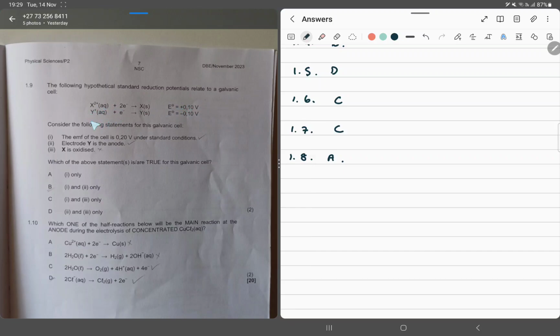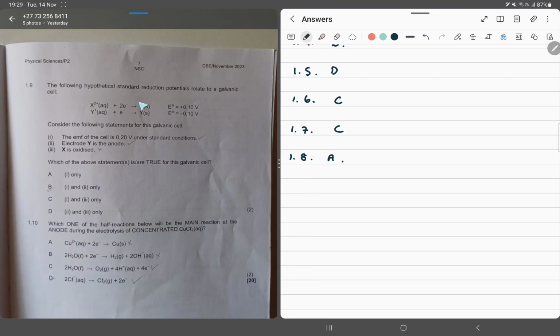And then we've got some ion Y plus taking one electron, giving us that Y atom, and essentially its reduction potential is negative. So looking at this, we know that most likely for this to be negative, this must be a stronger reducing agent. For that one to have a positive reduction potential, that should be a stronger oxidizing agent.